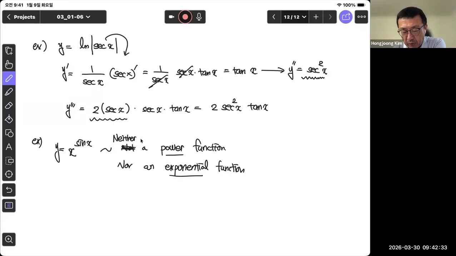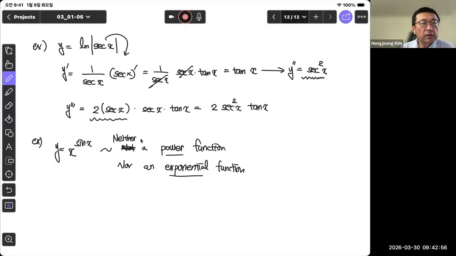So when you look at x to the sine x, both the base and exponent are variables. So this is neither a power function nor an exponential function. So please be careful.